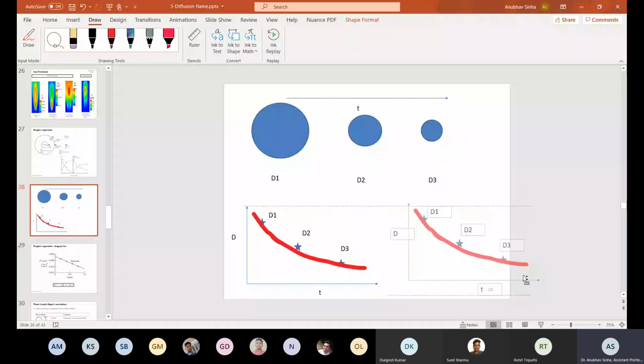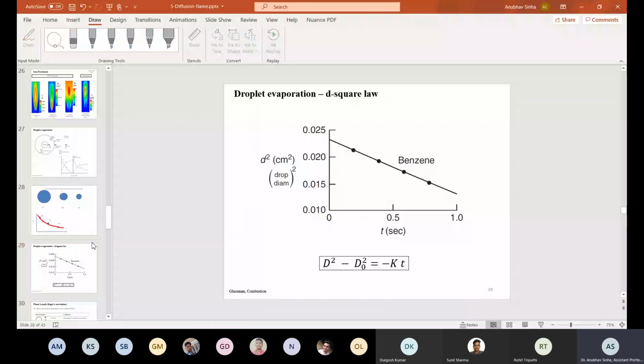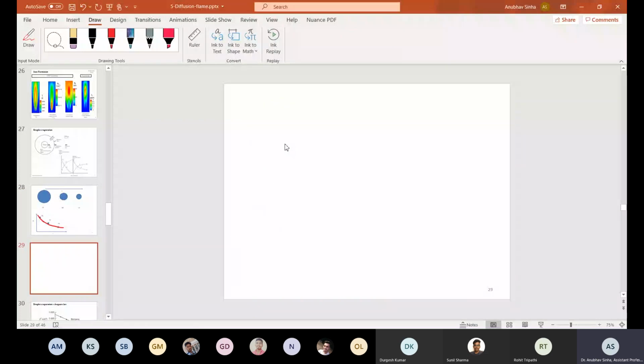Same thing. So this is what we got for diameter. Let us forget about this curve. Instead of d, I write d square. So we will have d1 square, d2 square, d3 square, right? Square of these quantities.